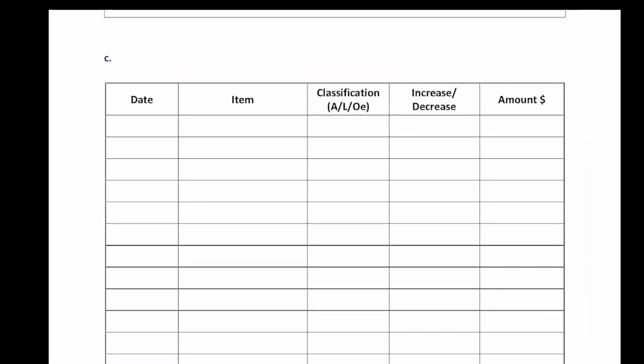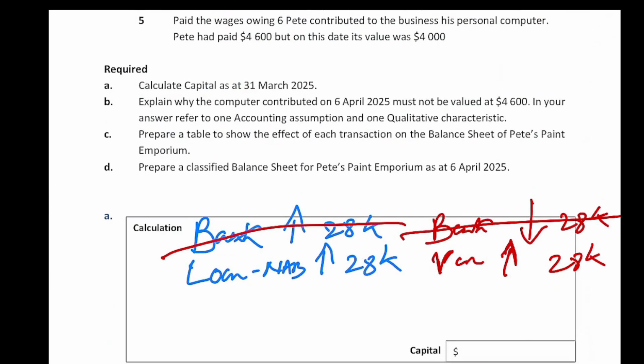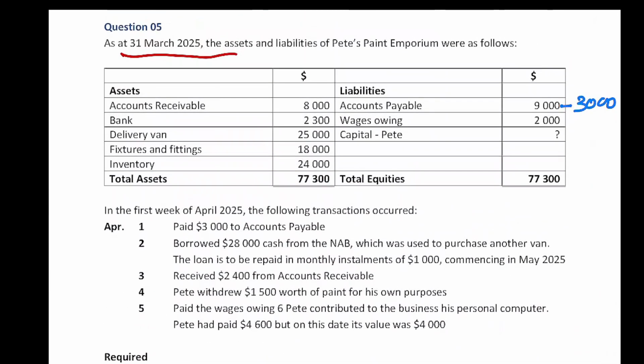While I am doing part C, I will write here accounts payable, liability decrease 3,000, and cash at bank, asset decrease 3,000. And while I am doing that, I am doing an extra step. Next to the bank, I will put minus 3,000. Why do I do that?